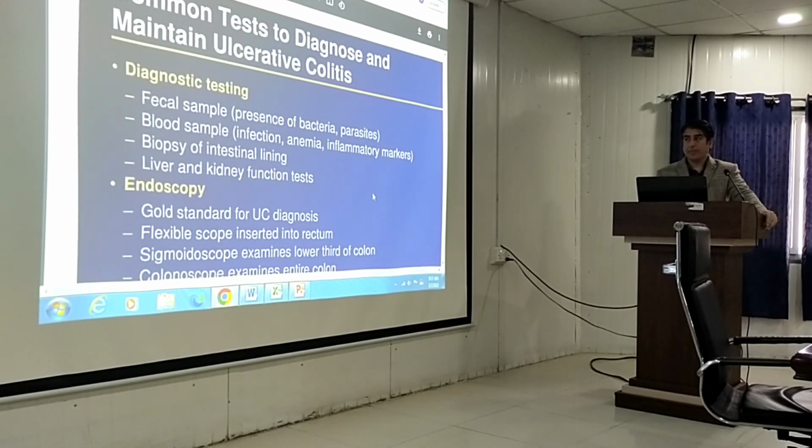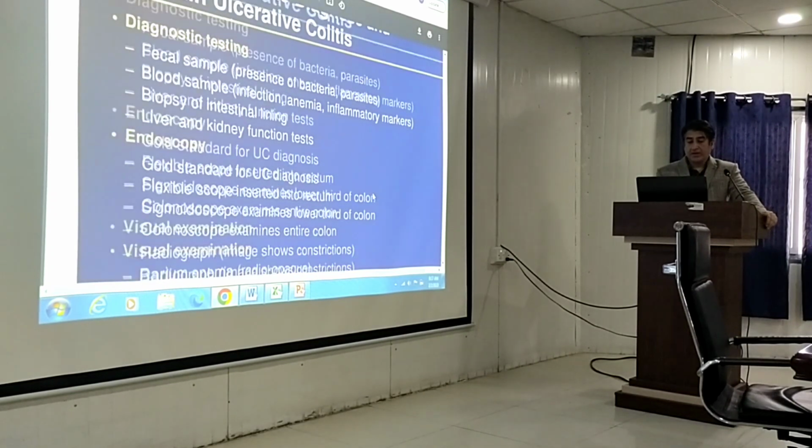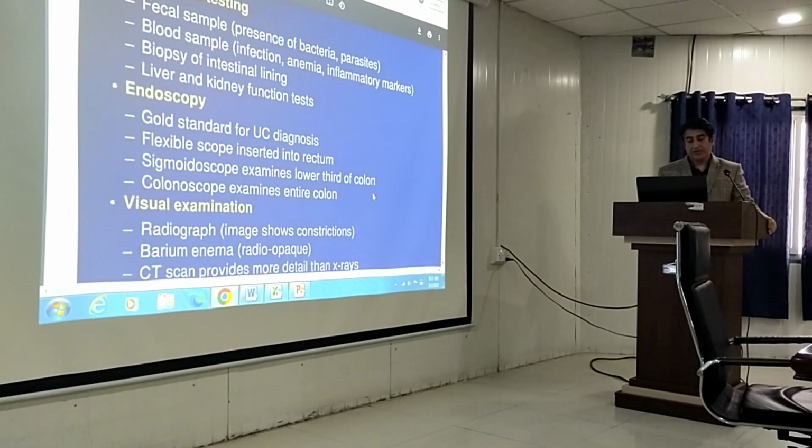And one very important thing associated with ulcerative colitis, there is a landmark cutoff sign between a normal and abnormal mucosa in ulcerative colitis usually. So this is one endoscopic landmark. Liver and kidney function tests. Endoscopy is the gold standard for ulcerative colitis diagnosis. Flexible scope inserted into the rectum.